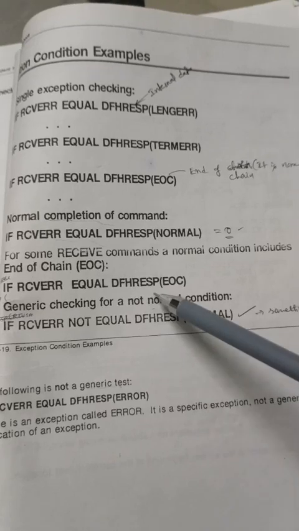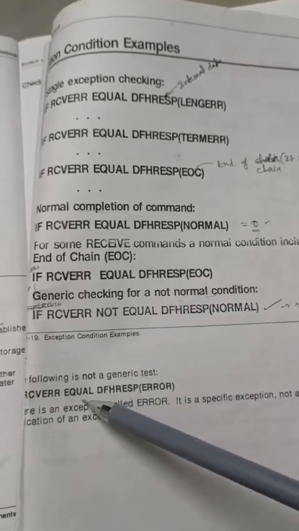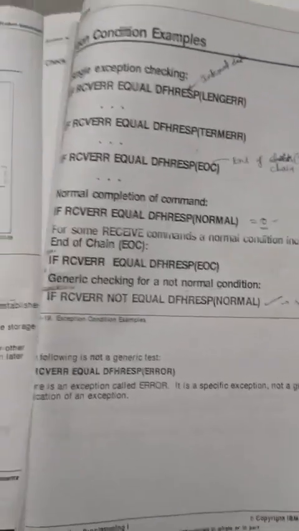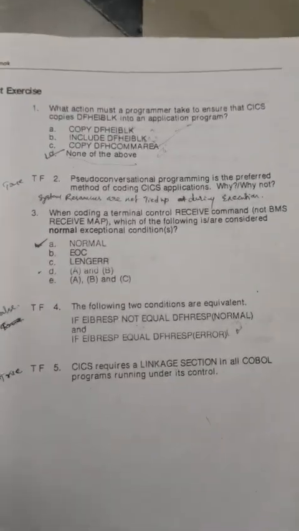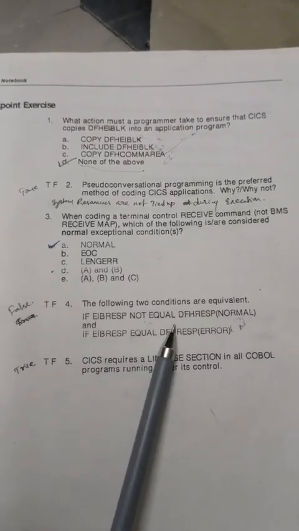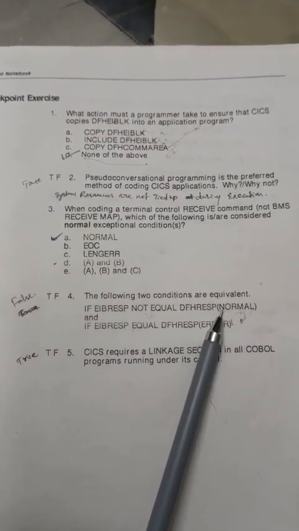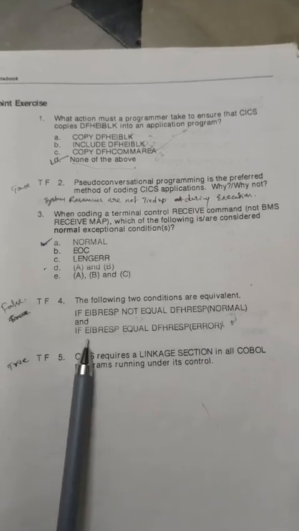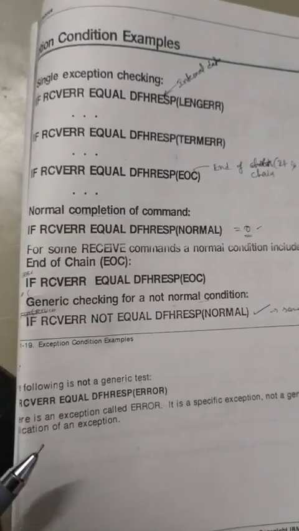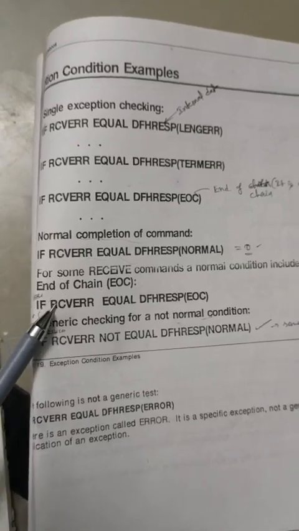To check error, it is DFHRESP equal to ERROR. The question asks the same thing: if DFHRESP is not equal to NORMAL versus DFHRESP equal to ERROR. Here they already mention that no, both are not the same.